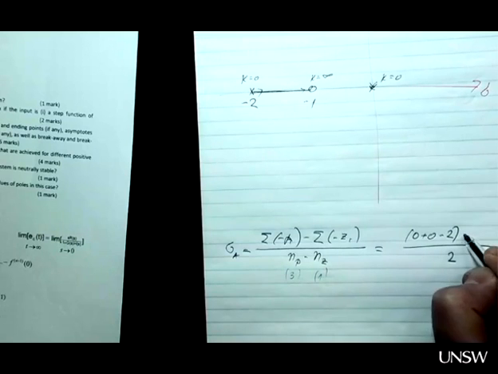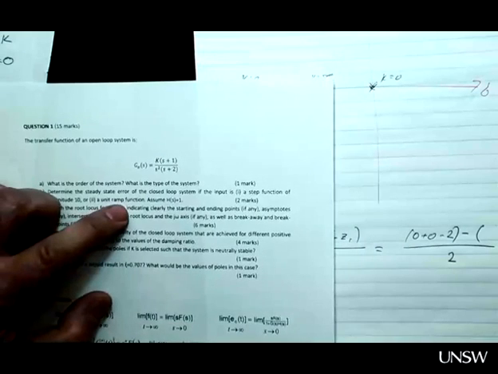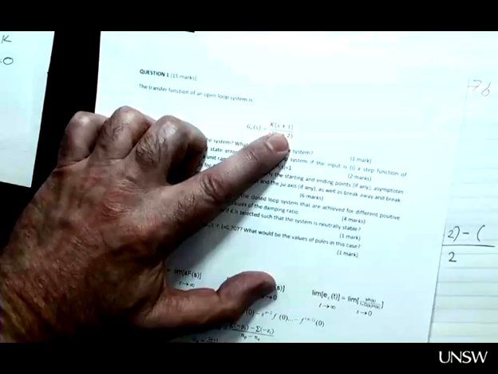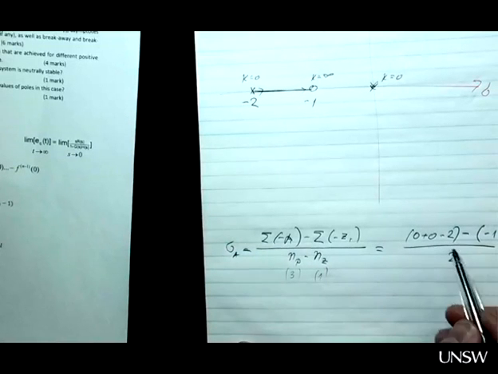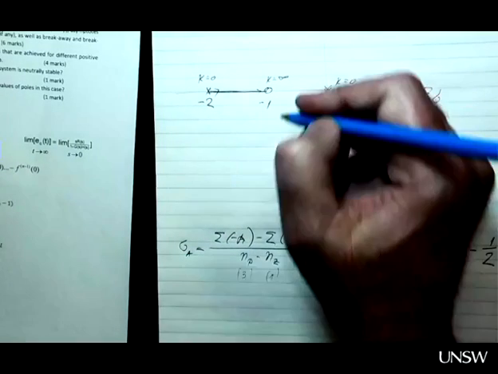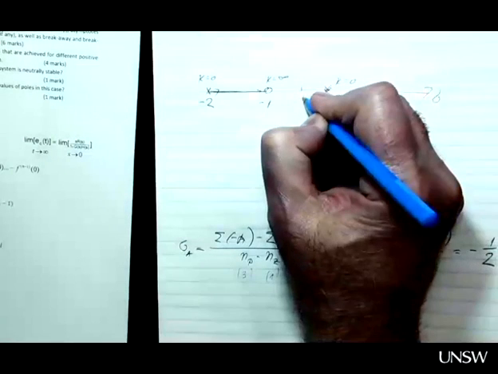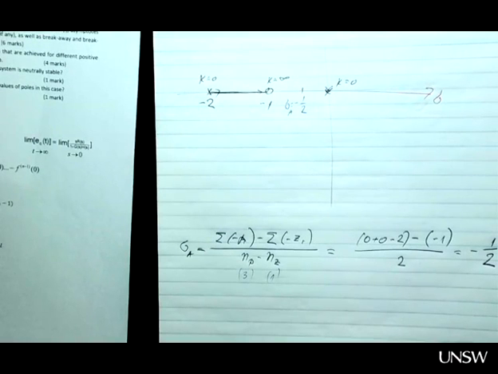Minus, and now the zeros are 1, minus 1 rather. Okay? So you have minus 2 plus 1, which is minus 1/2. So the centroid, sigma A, is here at minus 1/2. This is where all asymptotes intersect the real axis.